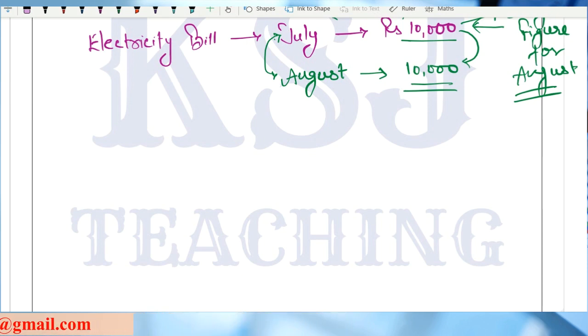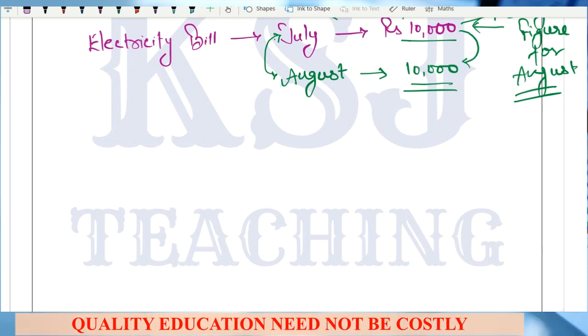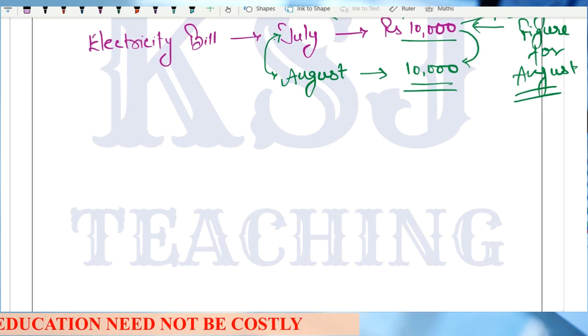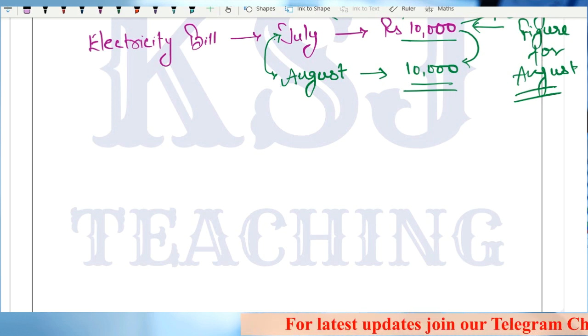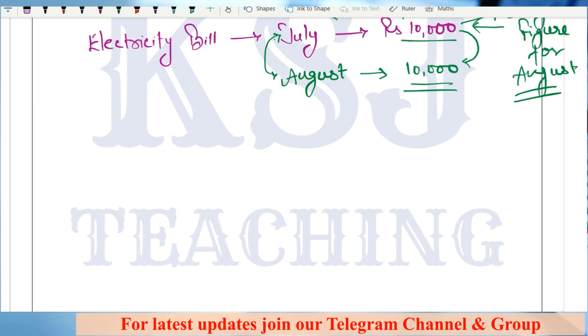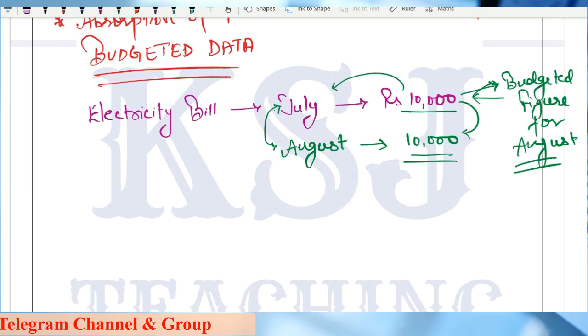A lot of you must have seen your parents set aside a particular amount of money for all the upcoming expenditures in the month of August, and the electricity bill is one of them. So he anticipated because he wants to keep aside rupees 10,000 for the electricity bill. He wants to know how much expenditure is expected in August so that he can keep some money aside out of his earnings, and he is doing that on the basis of his experience.